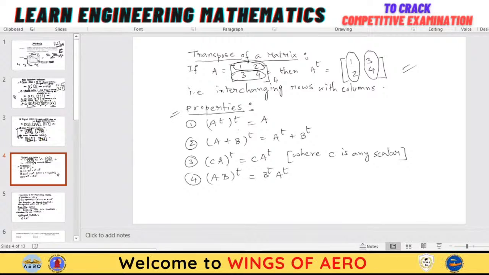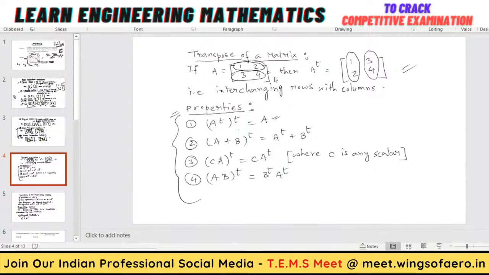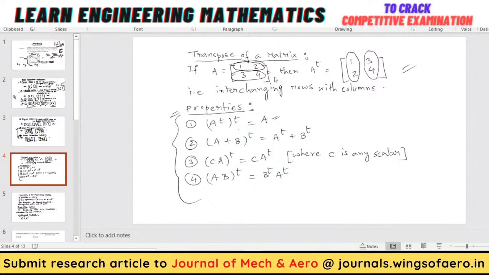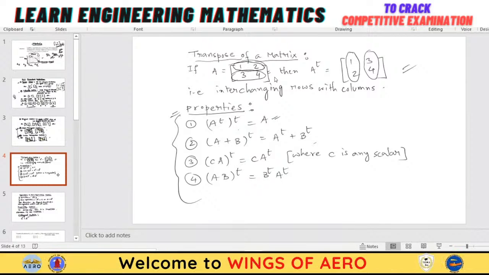The transpose of a transpose becomes the same matrix. So you need to remember these properties. Very useful for the GATE exam. Many questions are there. If you don't remember this, you can't apply it instantly. So these are some properties.